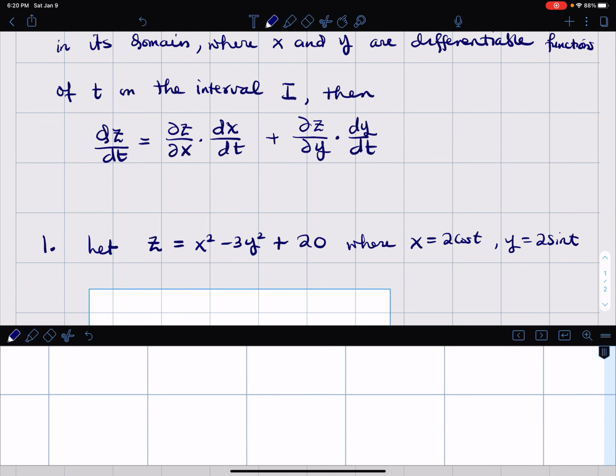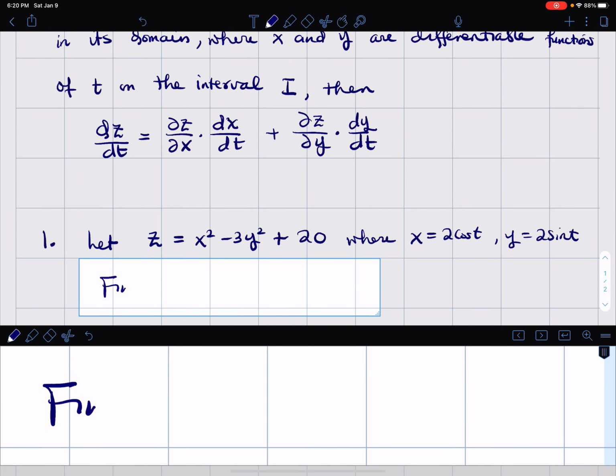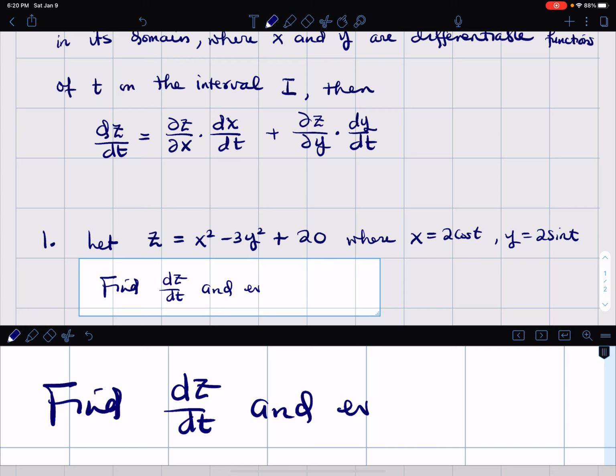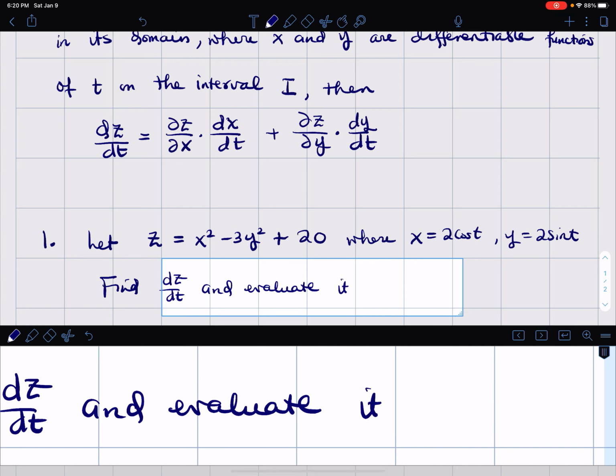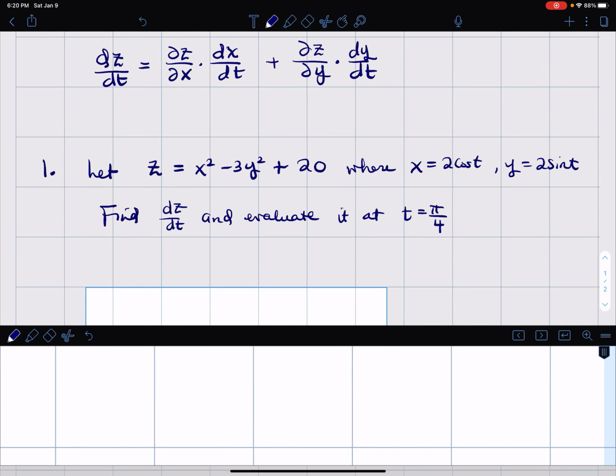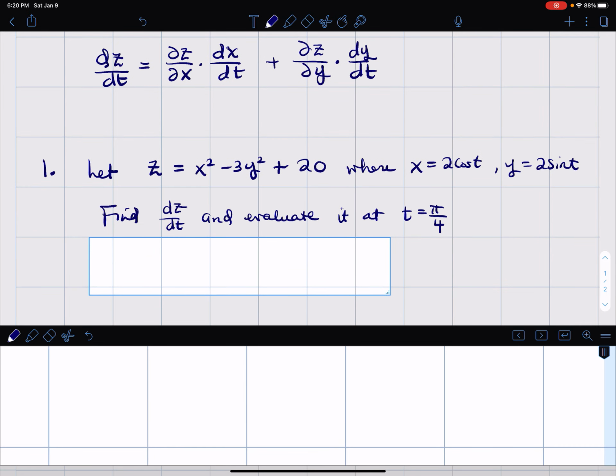So we would like to find dz/dt, and we would like to evaluate it at t equals pi over 4. This should be easy.